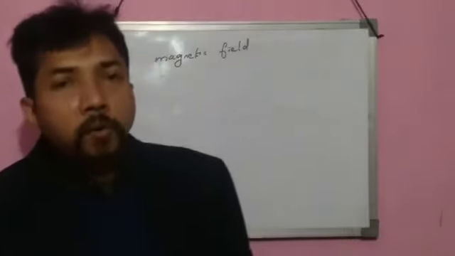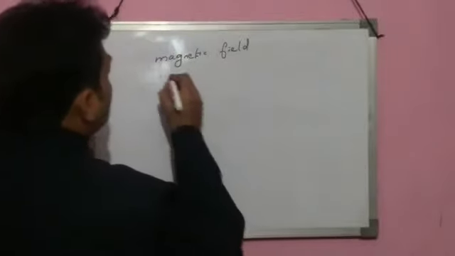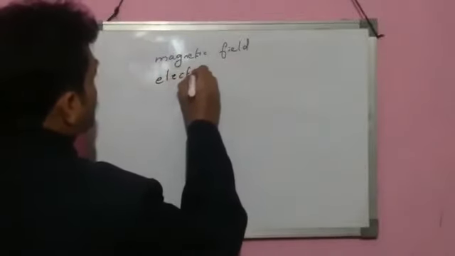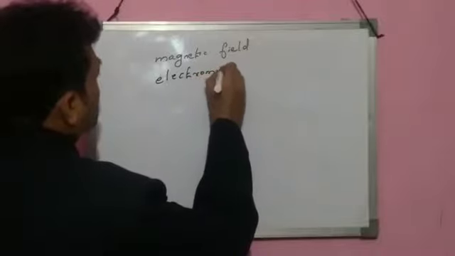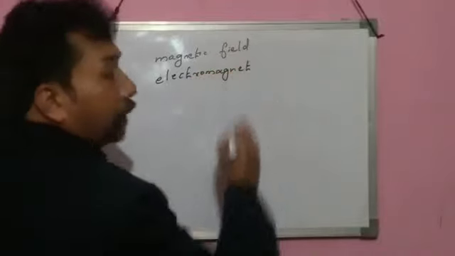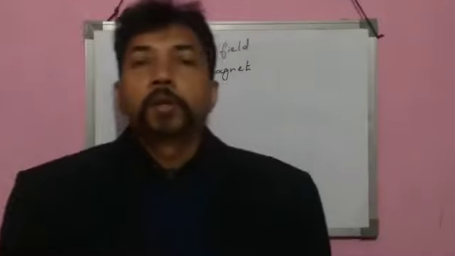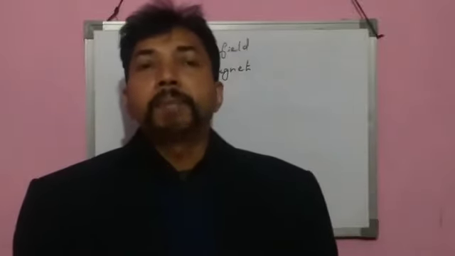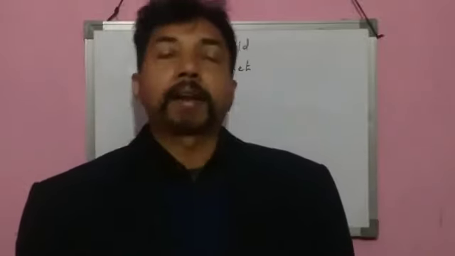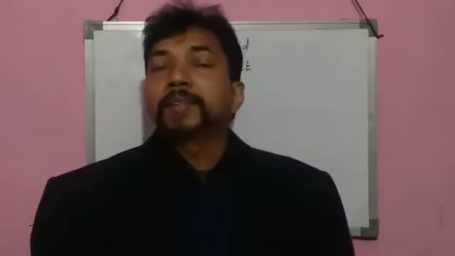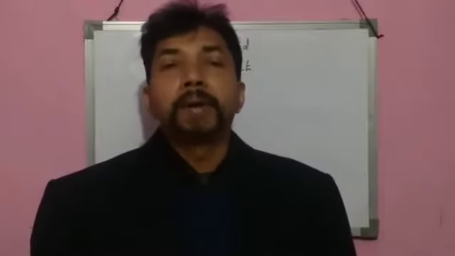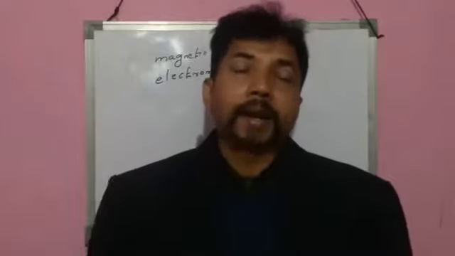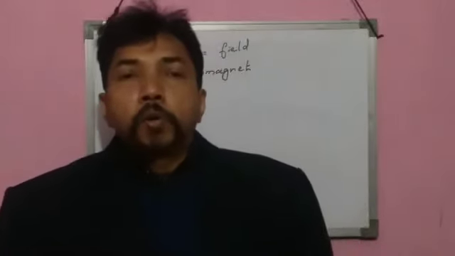Now the next topic is the electromagnet. What is an electromagnet? An electromagnet is a temporary magnet made by passing electric current. So how do we make an electromagnet?